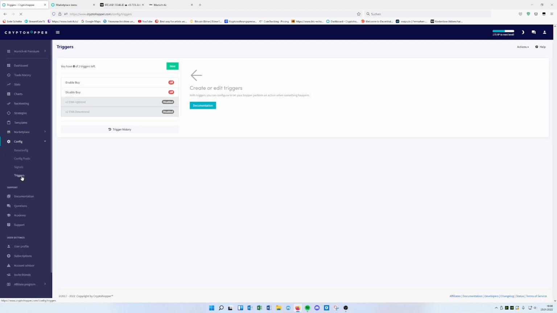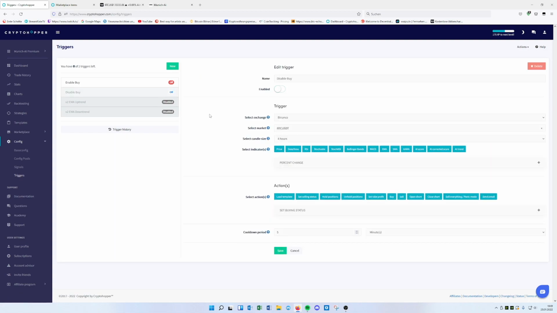Triggers you can set up for yourself with any kind of indicators. It's easier if you have ever programmed something. Doesn't matter which language, in a lot of languages you have an if-then, so we need an indicator to happen and then something else happens. So this is basically the trigger function.